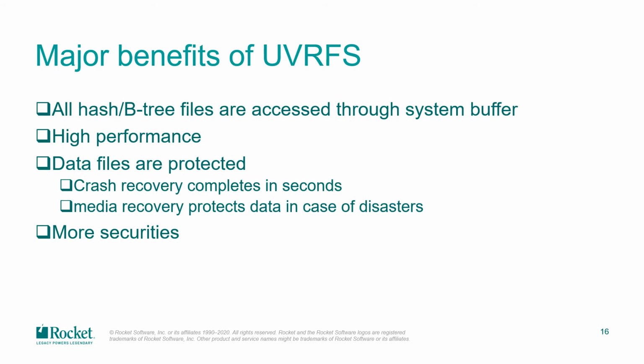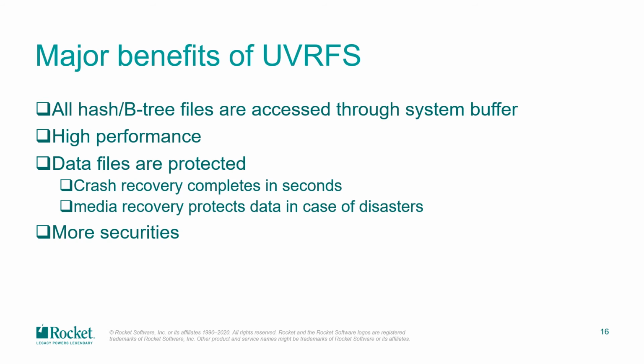But for UniVerse, all the data files can be directly accessed in the UniVerse recoverable file system. The second thing is that because the database engine processes are directly connected with the system buffer, we have much better performance.